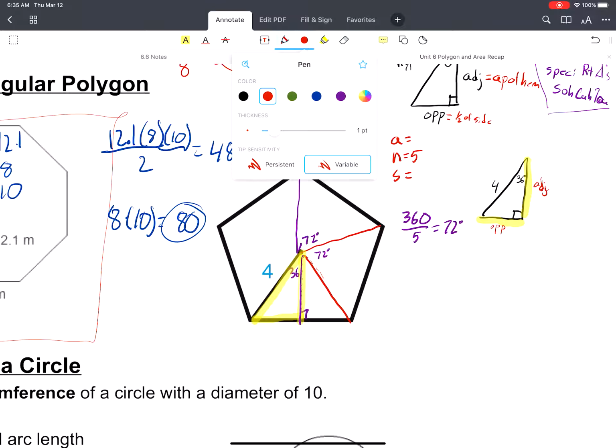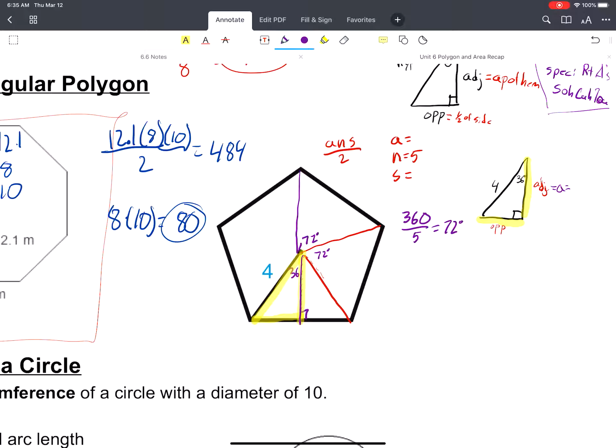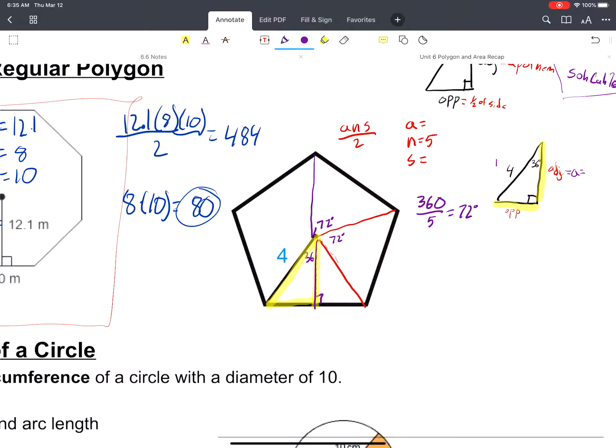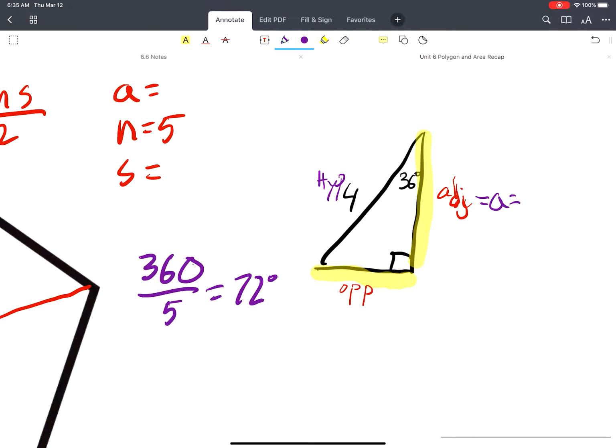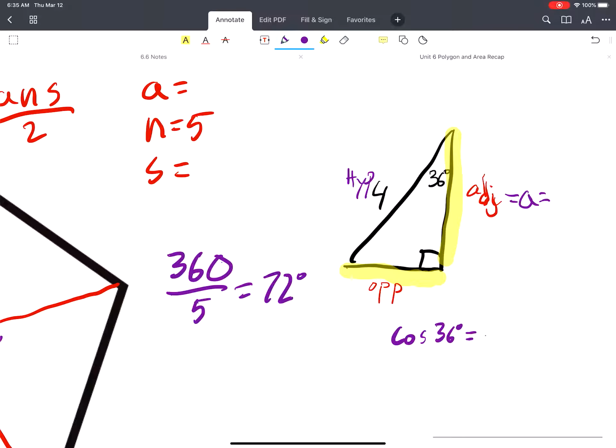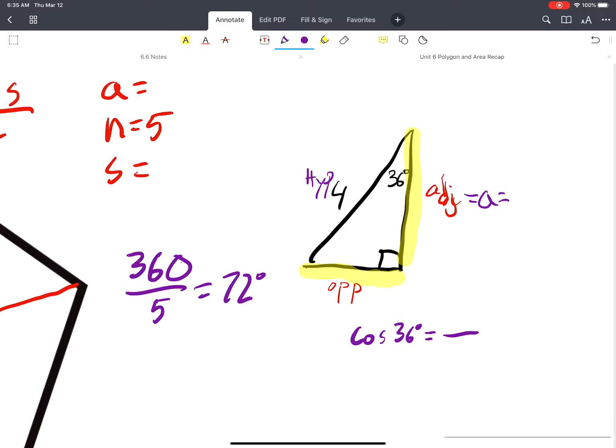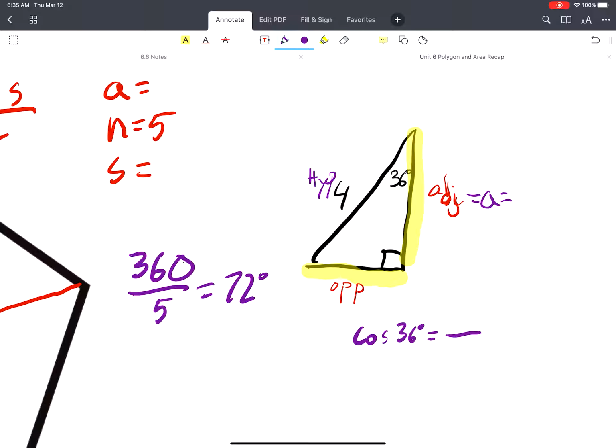For this example, I'm going to find the adjacent first, which is our A. So I'm going to call that A. This 4 is my hypotenuse. When I set this up, I'm going to do cosine of 36 degrees equals, because cosine is adjacent over hypotenuse, A over my hypotenuse, which is 4.